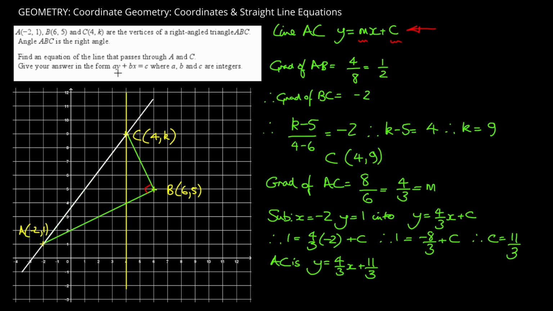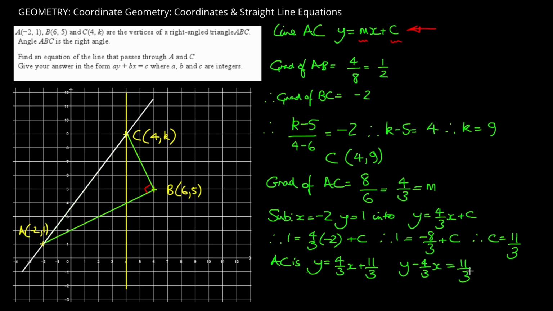Now they want the answer in the form ay plus bx is equal to c. So c we leave on this side, and we've got to move the 4/3 x across. So we get y minus 4/3 x is equal to 11 over 3. But we're still not quite done, because the question wants integer answers for the coefficients of y and x.